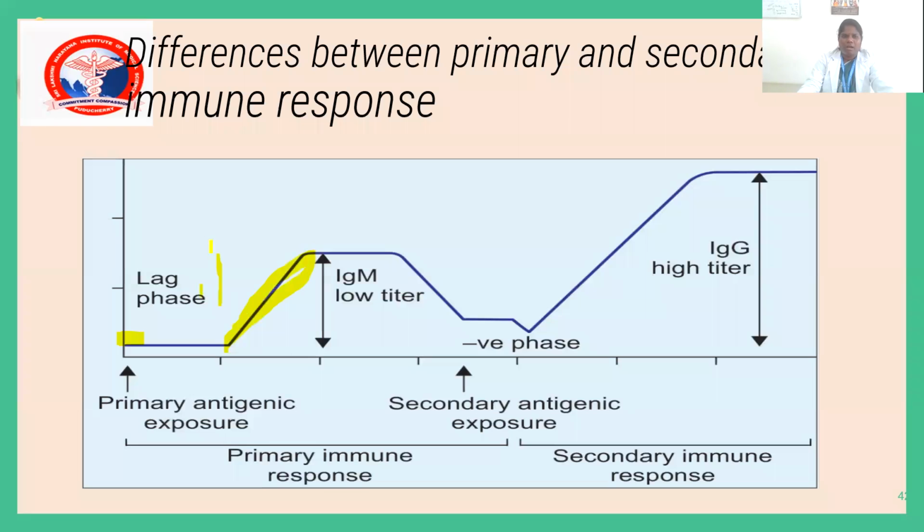This is called the log phase, LOG, log phase. So it rises. At one point of time there is a stationary phase, a steady state. Here the antibody production will stop, and once the infection is killed by this kind of antibody, there is a decline in the antibody protection.